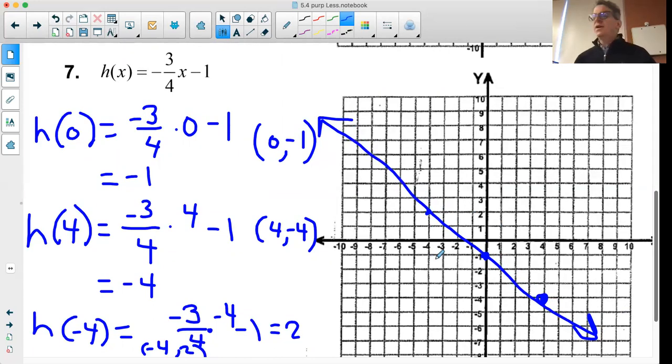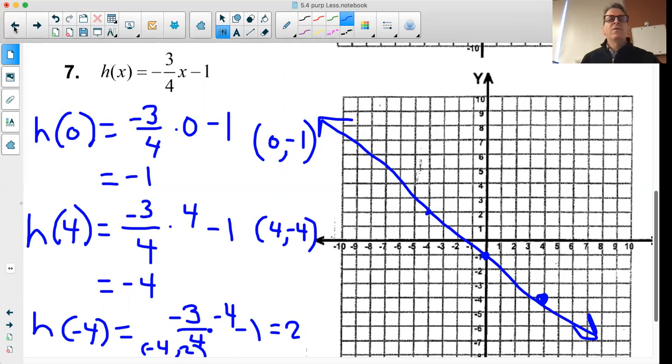So function notation, it replaces the y, okay? And it's used a lot in environmental studies, environmental engineering, a lot of different jobs. If you carry on with your mathematics, you would use function notation instead of the y. So just keep in mind, it replaces the y.